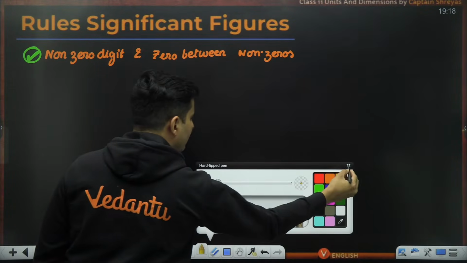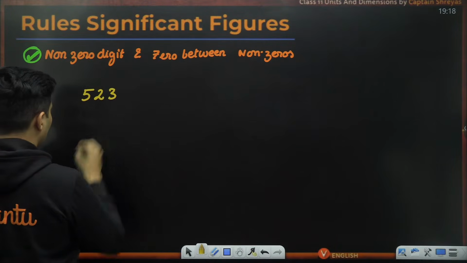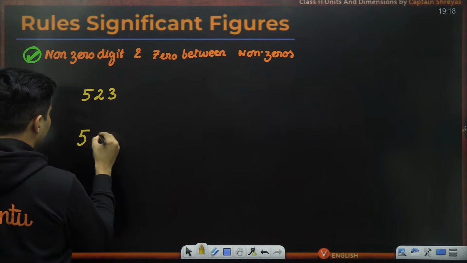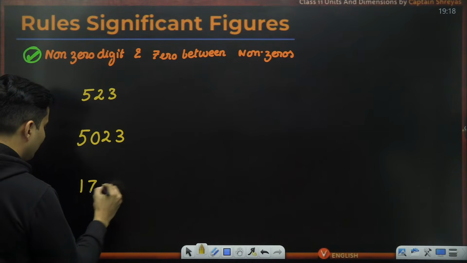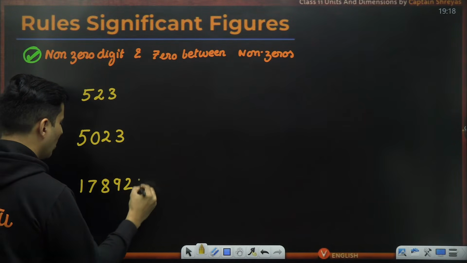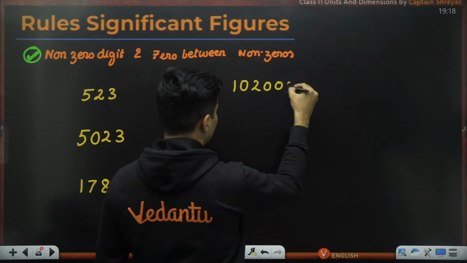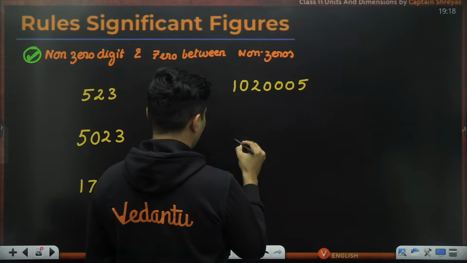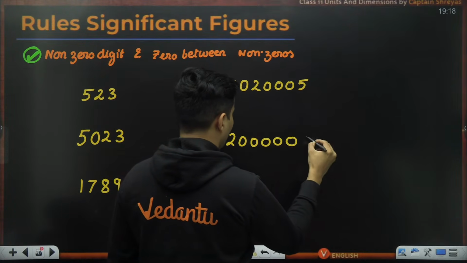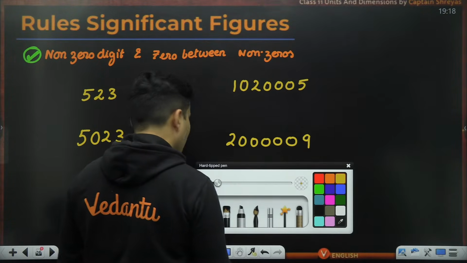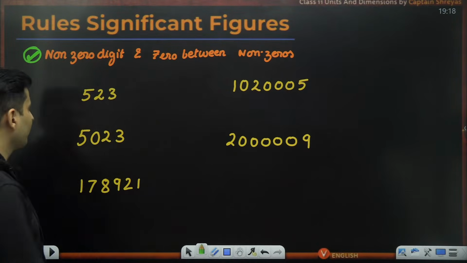Example: 523, 5023, 123456, 1789211, 20005, 2000009. In all these, you will notice one interesting thing.